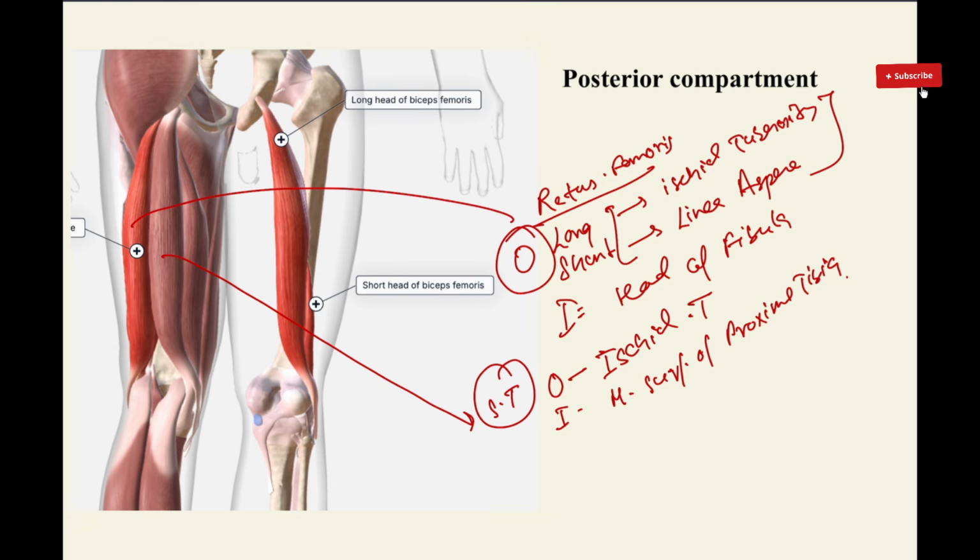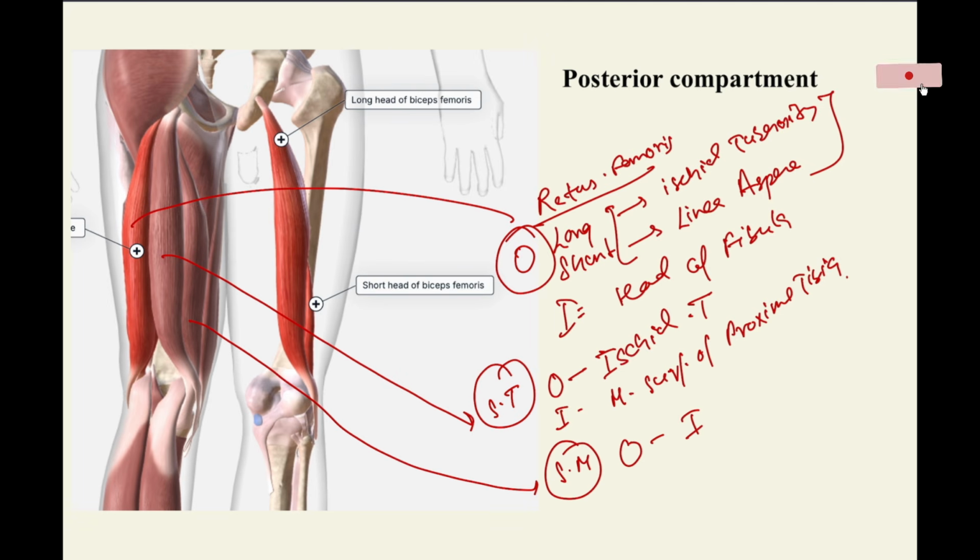Okay, then we have the semimembranosus. It is a membrane kind of muscle. It is a thin sheet, but again a very helpful muscle. So here is your semimembranosus over here, just medial to the semitendinosus. Okay, so this one is your semimembranosus.